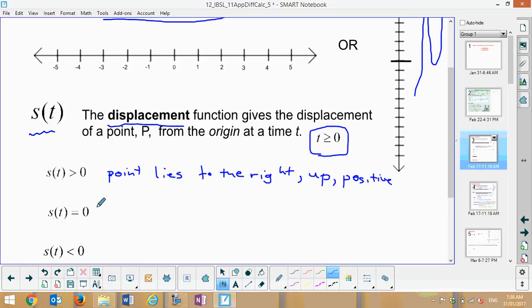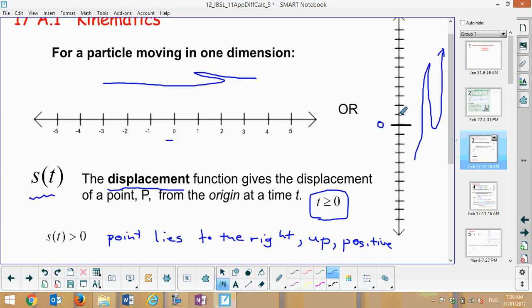If our displacement is equal to 0, it means it's at the origin, which will be here, if that's our origin. And up is positive, so 2, 4, 6, 8, let's make that 10. 2, 4, 6, 8, there'll be minus 10 here.